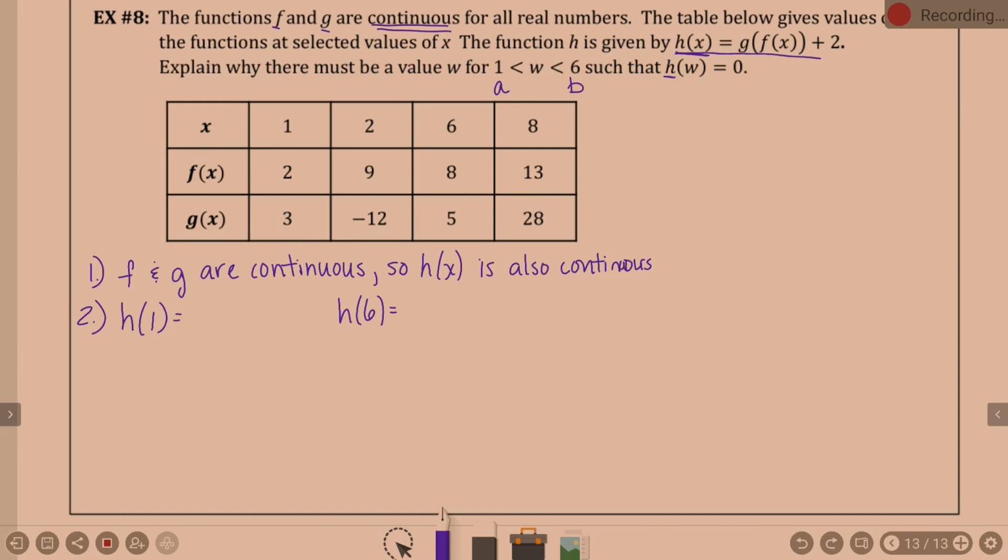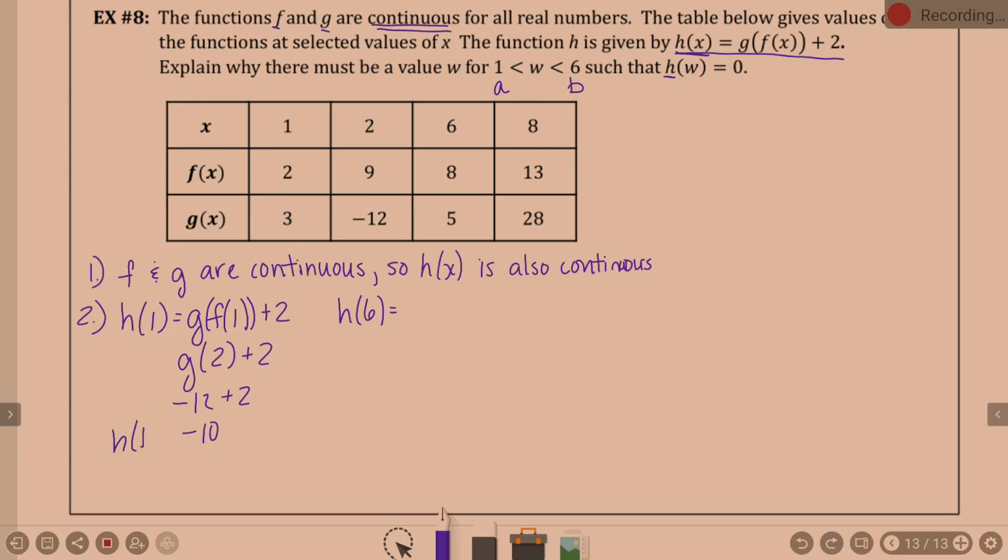G of F of 1 plus 2. G of 2 plus 2. You guys are ahead of me, that's fine. Negative 12 plus 2. Did you say negative 10? Yeah. Okay, I'm there, just a lot slower.